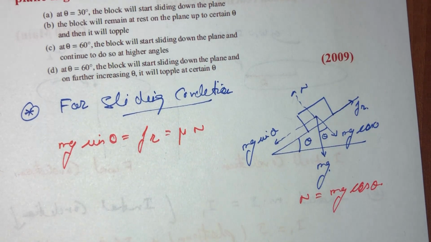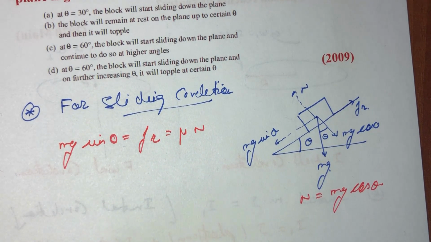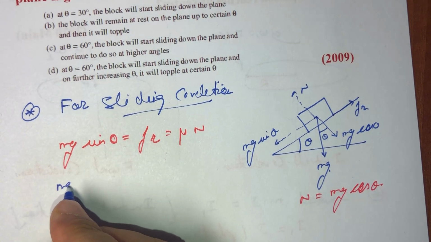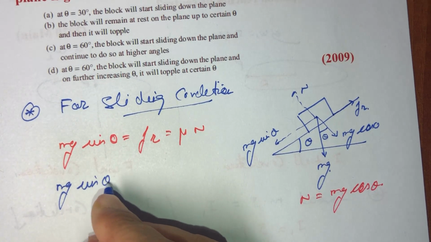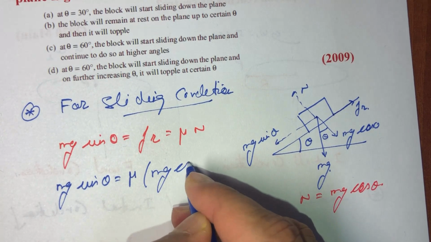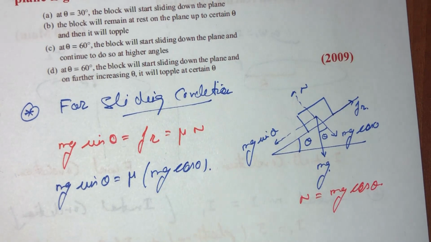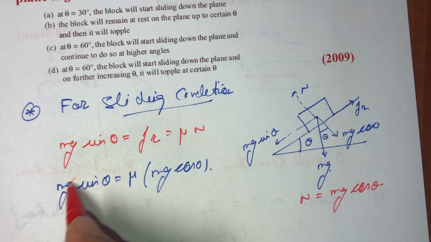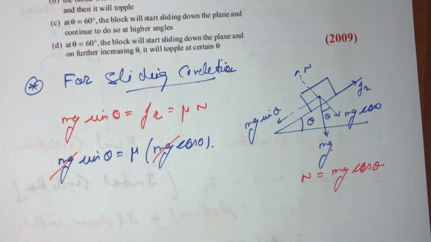So substituting this value, we get mg sine of theta equal to mu mg cos of theta, and mg cancels out with mg.